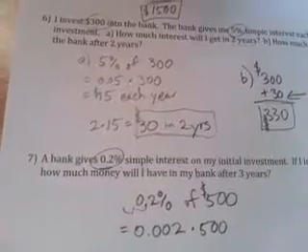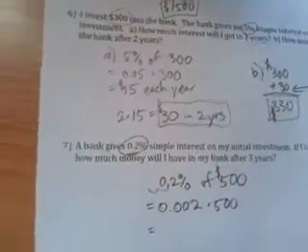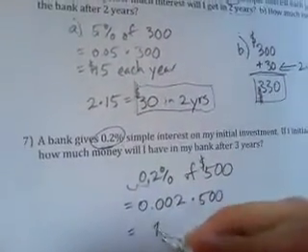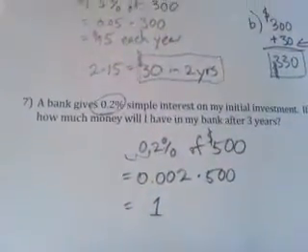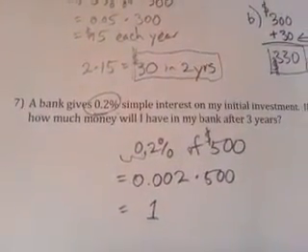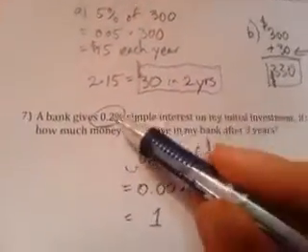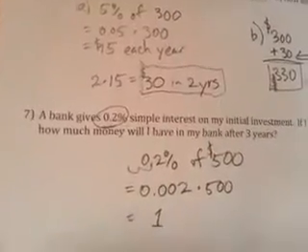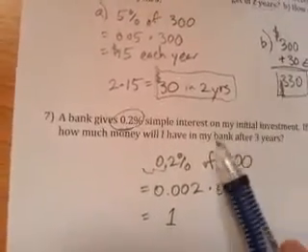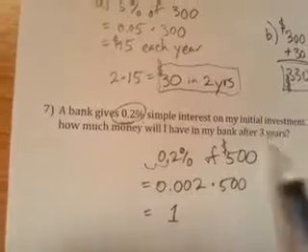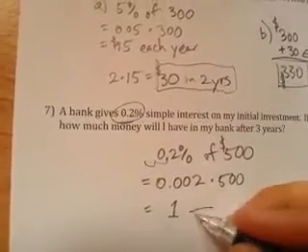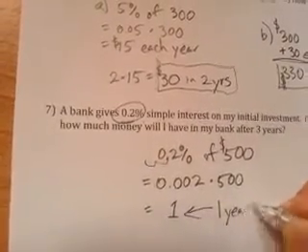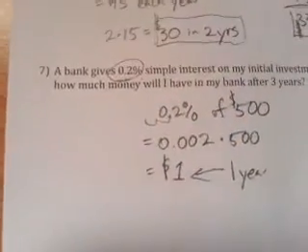I would get only $1. That's not fun. No fun. I only get $1 because it's such a small percent. But it says I want to know how much I'm going to have in 3 years. So this is just 1 year. I get $1.